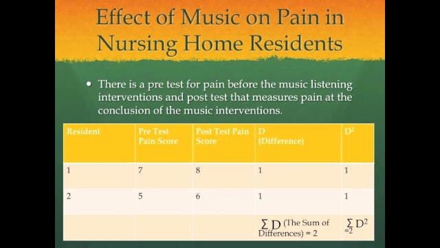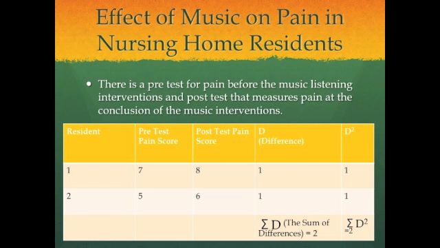So now let's look at this chart. We have resident 1 and resident 2, and there is a pre-test for pain before the music listening intervention and a post-test that measures the resident's pain at the conclusion of the music intervention.